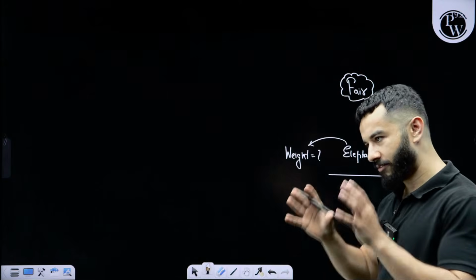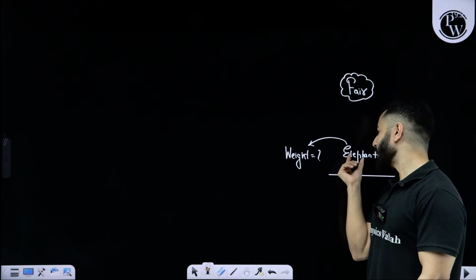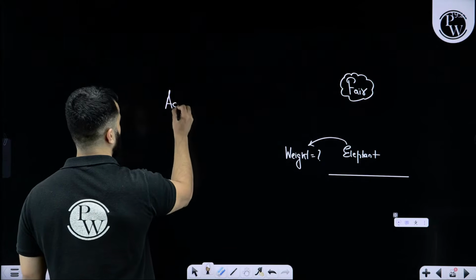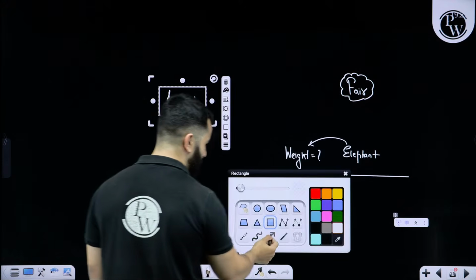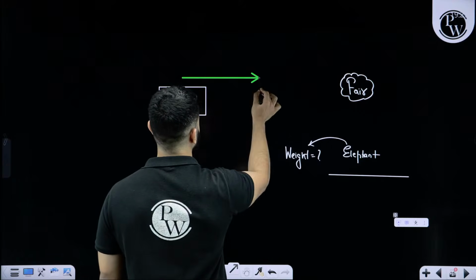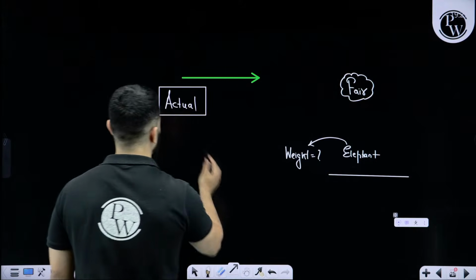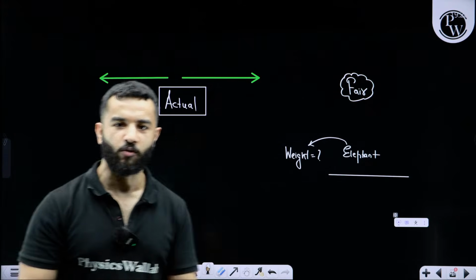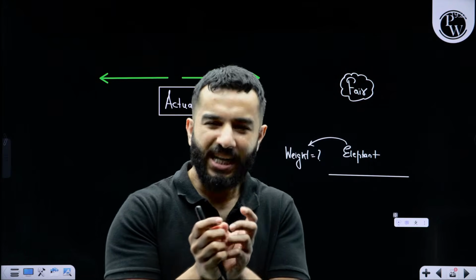So the people who were conducting the experiment knew this, and they said we want people to guess the weight of the elephant. There was the actual weight, and many people guessed the weight of the elephant to be far more than the actual value, and there were people who guessed far less than the actual value, and a few people guessed near the actual value.